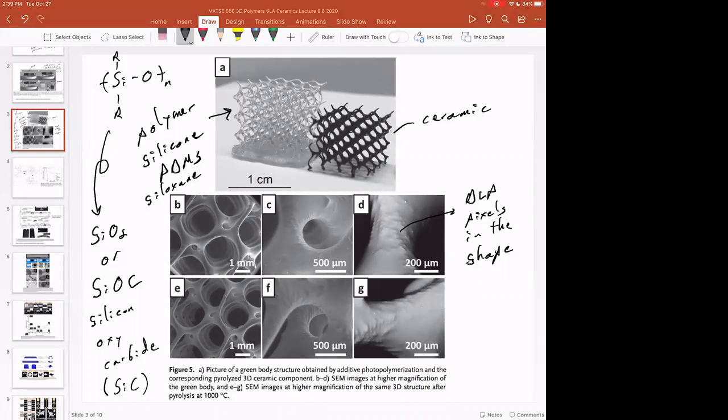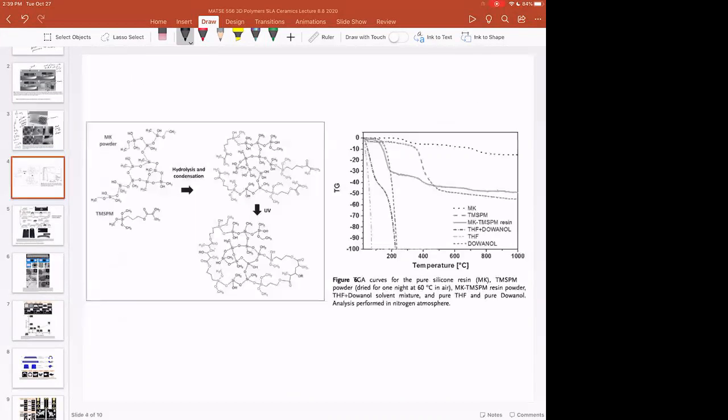There's a list of pyrolysis conditions and how to go from something that looks like a polymer powder. So these are all siloxanes of various sorts. And you do hydrolysis and condensation, and then finally you get some sort of polymer network, and then you pyrolyze to get PDC.